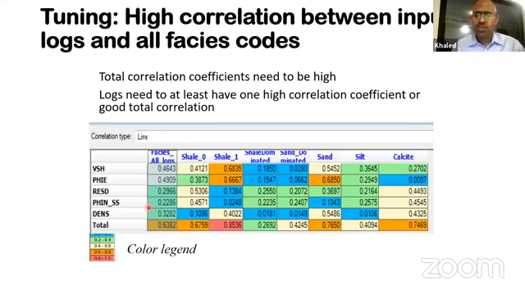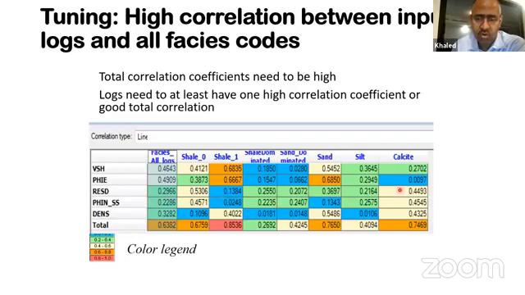Number two, you are using wireline logs. If those wireline logs cannot help you, why do you use them? So if we take V-shale, the correlation with the total is around 50%, but the V-shale is giving me a good indicator of the shale facies. We take another, resistivity.